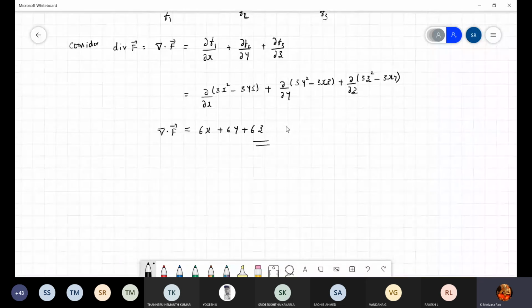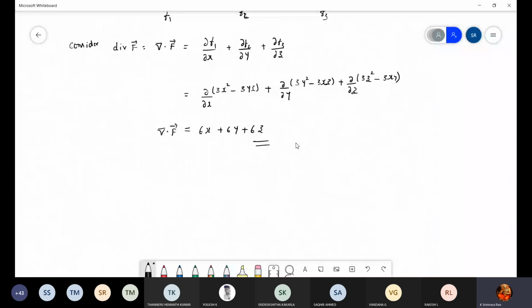Now take down, do it for curl now. Again, consider curl f. This is our question. Curl f can also be denoted as del cross f. Now that is equal to the determinant.